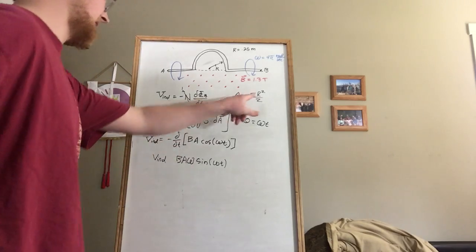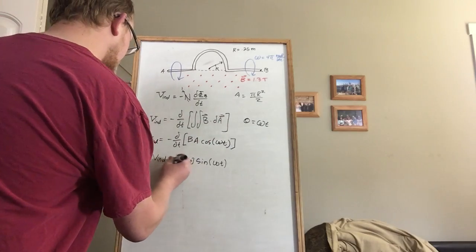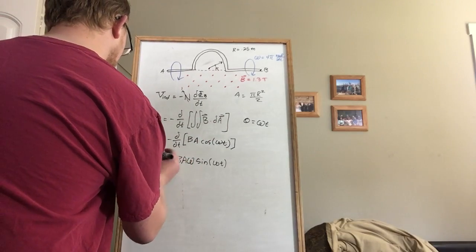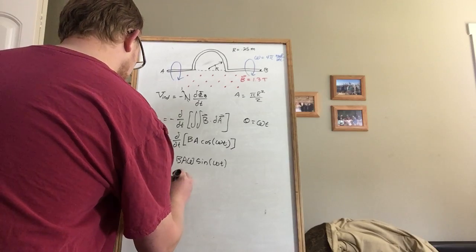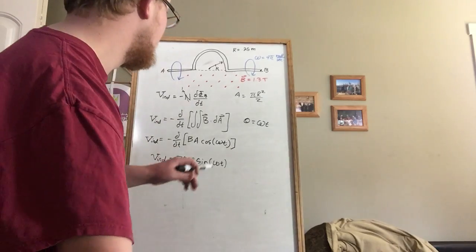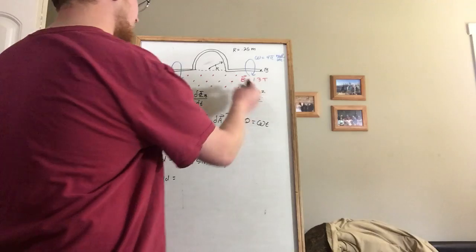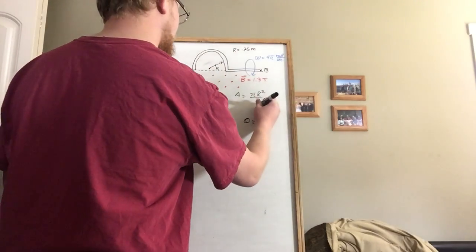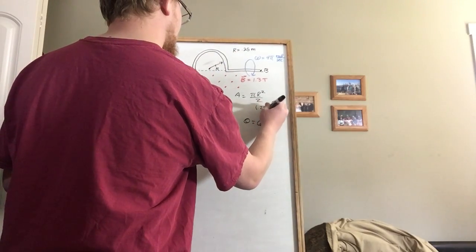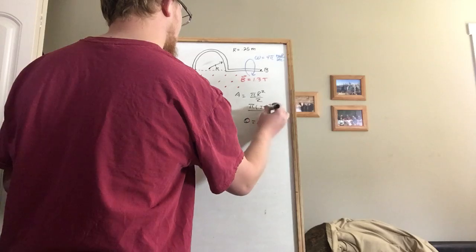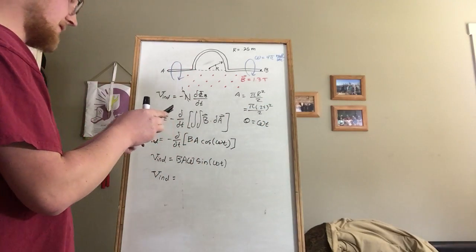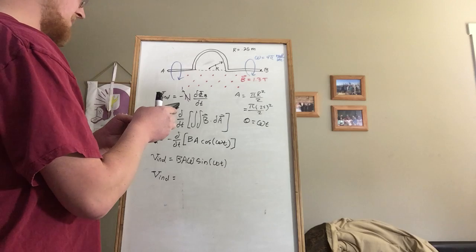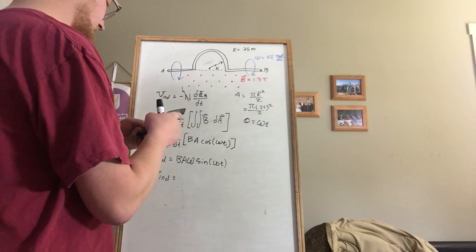All right, let's go ahead and plug in our values so we can get some sort of a function. So V induced is equal to, let's solve for area. If the radius is 0.25 meters, then 0.25 squared times pi divided by 2.